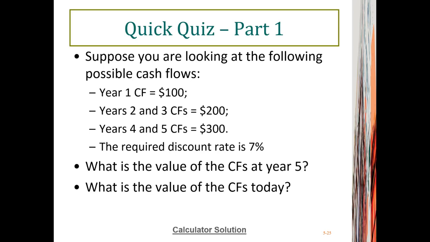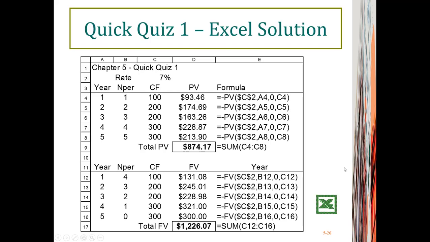Assuming a discount rate of 7%, it asks you what is the value of the cash flows at the end of year 5, which is the future value, and also asks you the present value of this cash flow series. What is your answer? Well, let's take a look at the process.